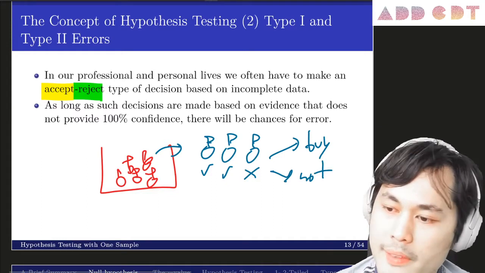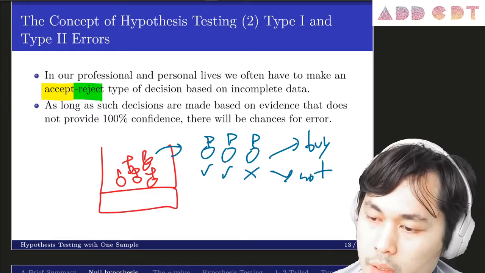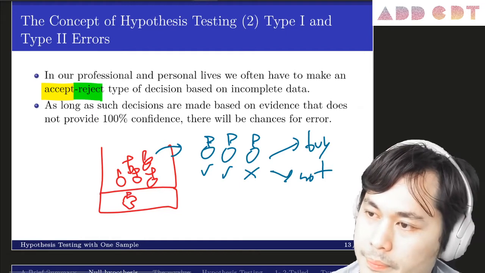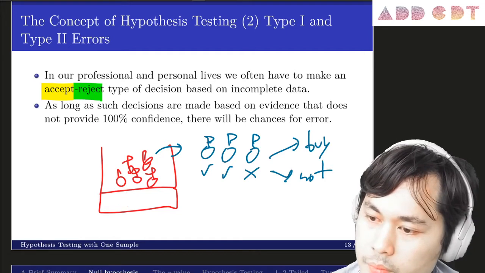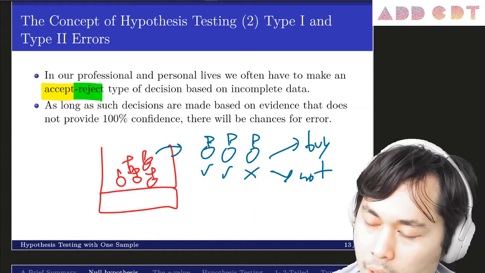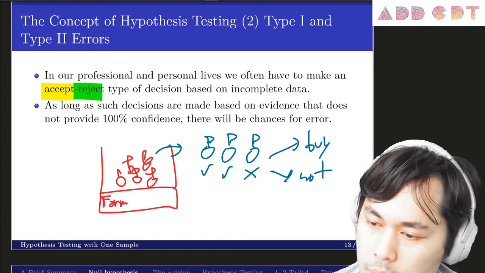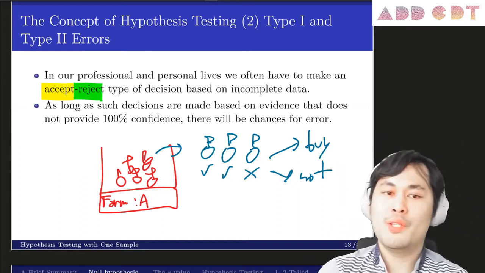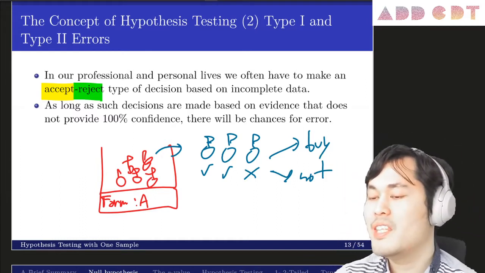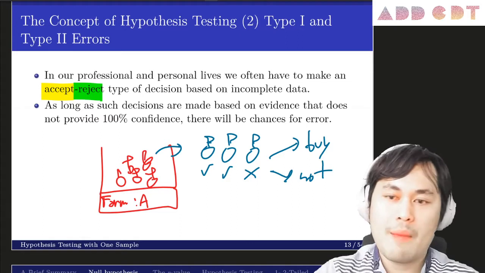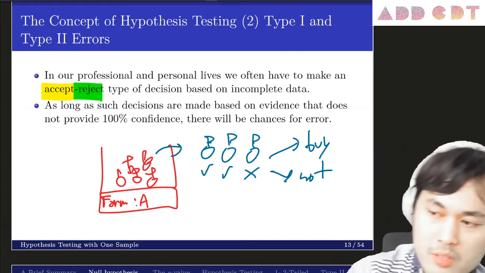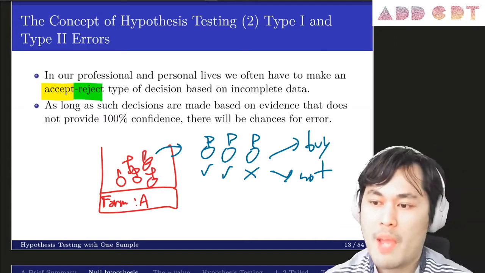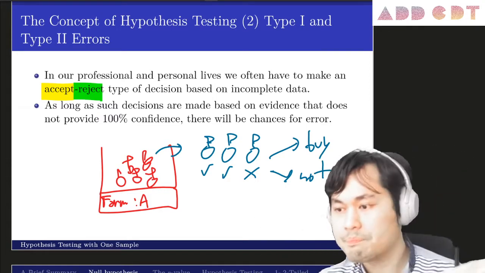You can think of it as getting an apple from this farm. I'll just say that's farm A. Sorry for not being too creative. You go to farm A and they give you this box of apples, and you take some of them out, and you have to decide whether you want to buy more apple boxes from this farm.